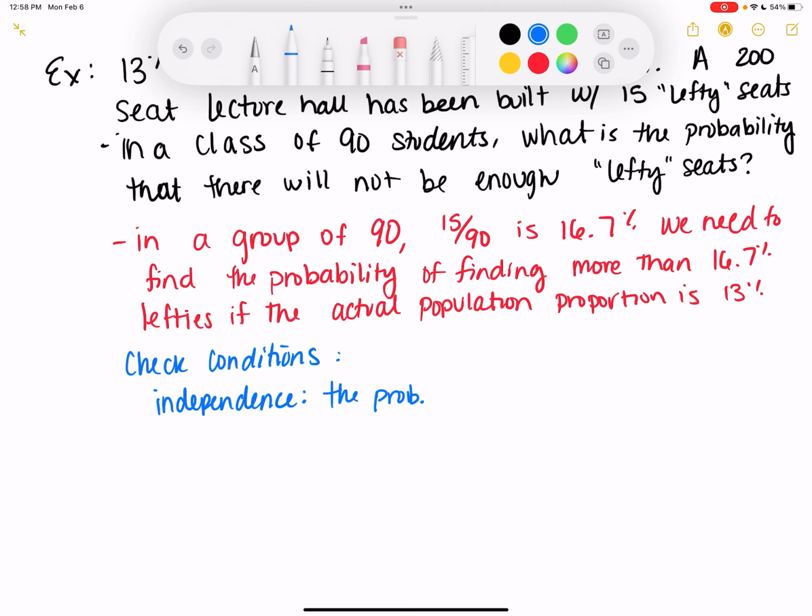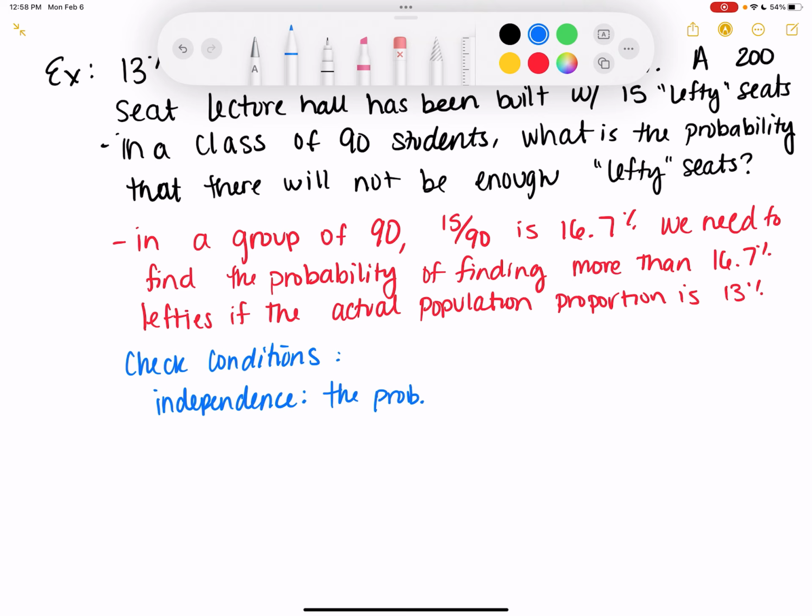Left-handed or not, that's a categorical variable. So that's part of it. Either you are left-handed or you are not. And you being left-handed doesn't affect if I'm left-handed or not. So we can assume independence on that front, but then 10% is of the entire population.